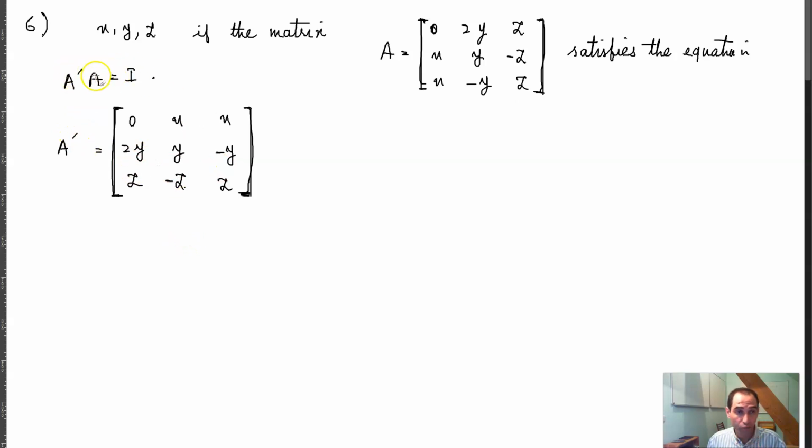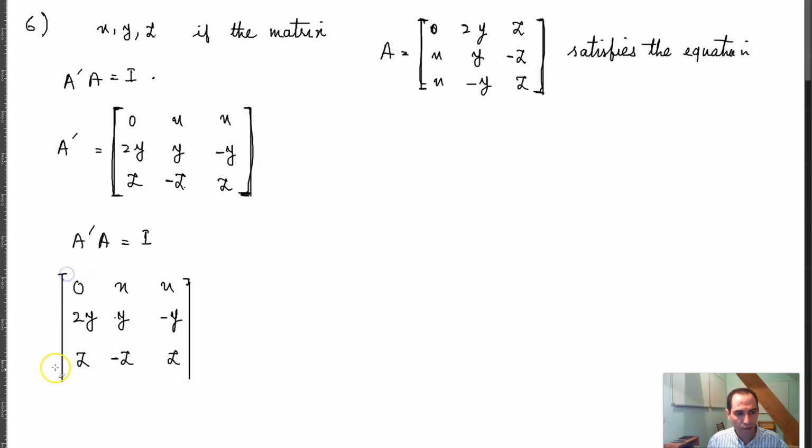if I write A prime times A, the equation that I have is A prime times A is equal to I, which means that A prime is [0, x, x; 2y, y, negative y; z, negative z, z], times A, which is this matrix here, [0, 2y, z; x, y, negative z; x, negative y, z].